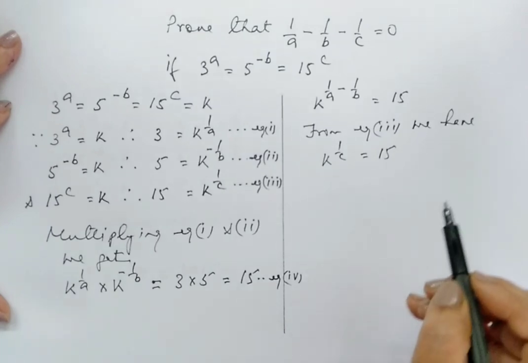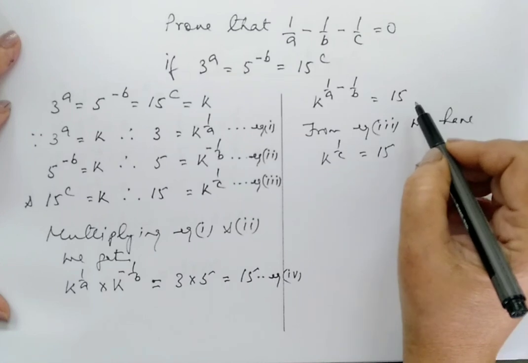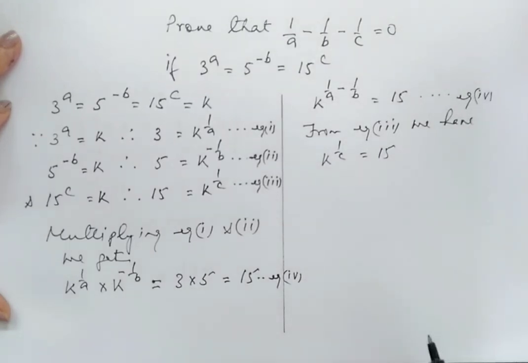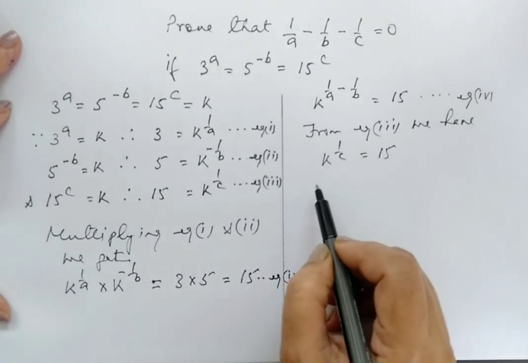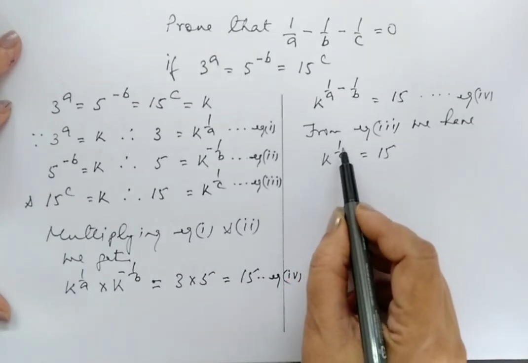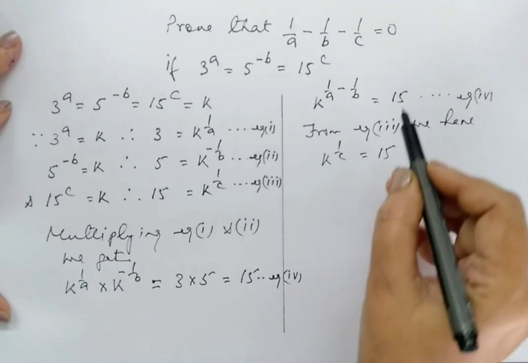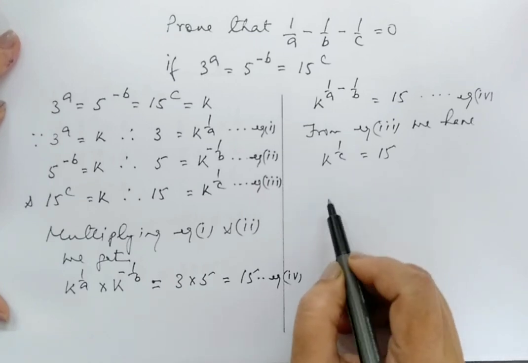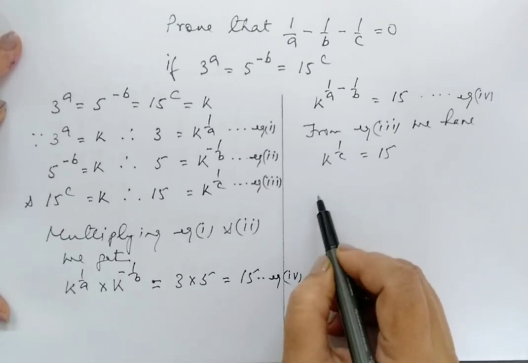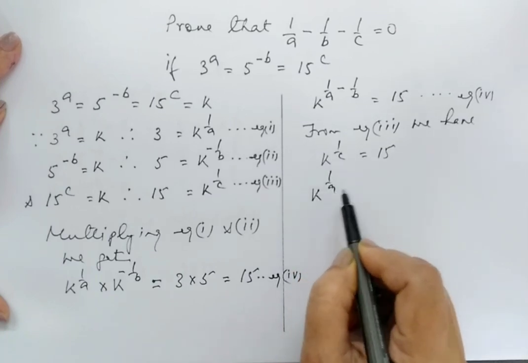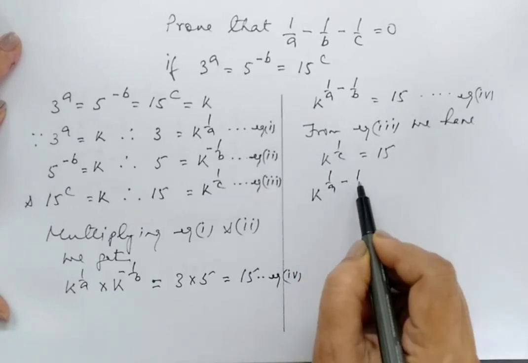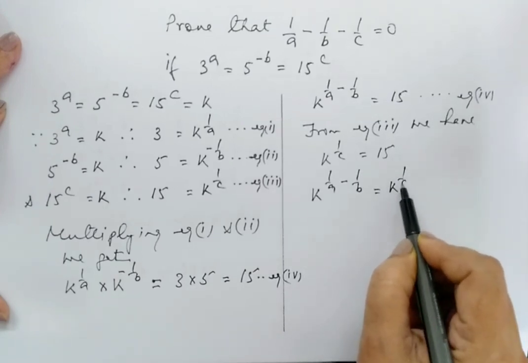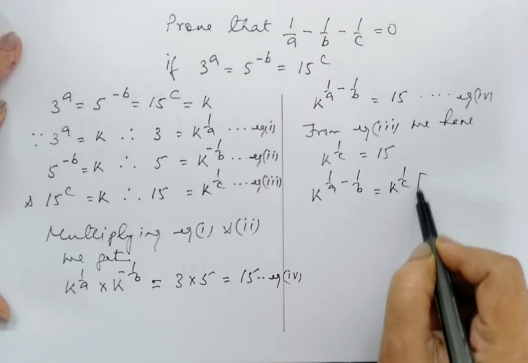Which means, continuing equation 4, since we have k to the power 1 by c equals 15, we can substitute it here, isn't it, guys? So this seems very interesting. It's going very well. So 1 by a minus 1 by b is equal to k to the power 1 by c. And how did this happen? Let me write.